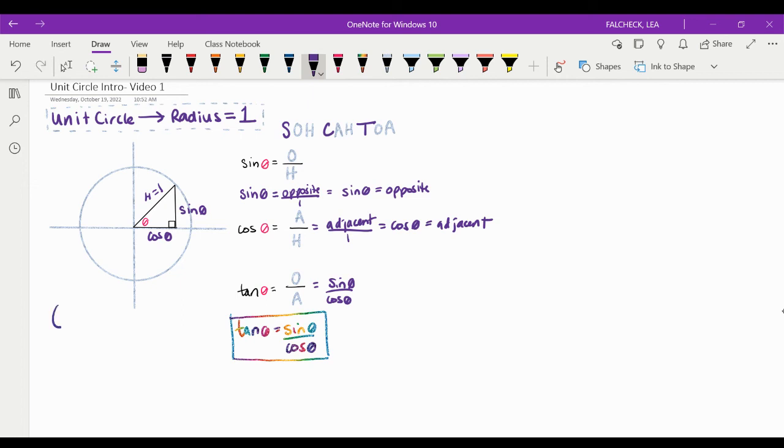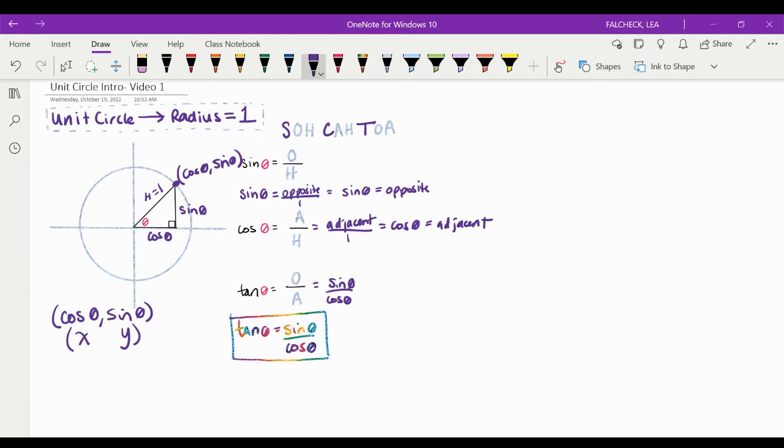So I can write any point on the unit circle, like this guy, as cosine of theta, comma, the sine of theta. Because look, cosine is the x and sine of theta is the y. Okay, so go ahead and write that up here. This is the cosine of theta, the sine of theta. That is this point right here.